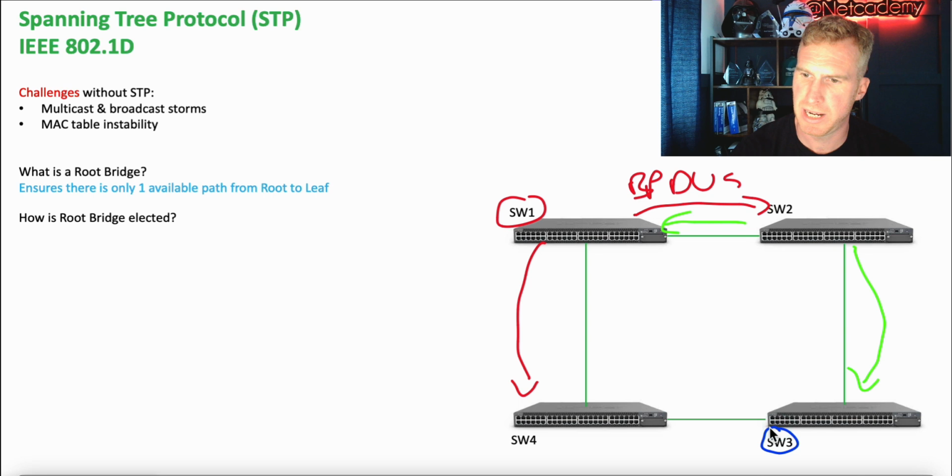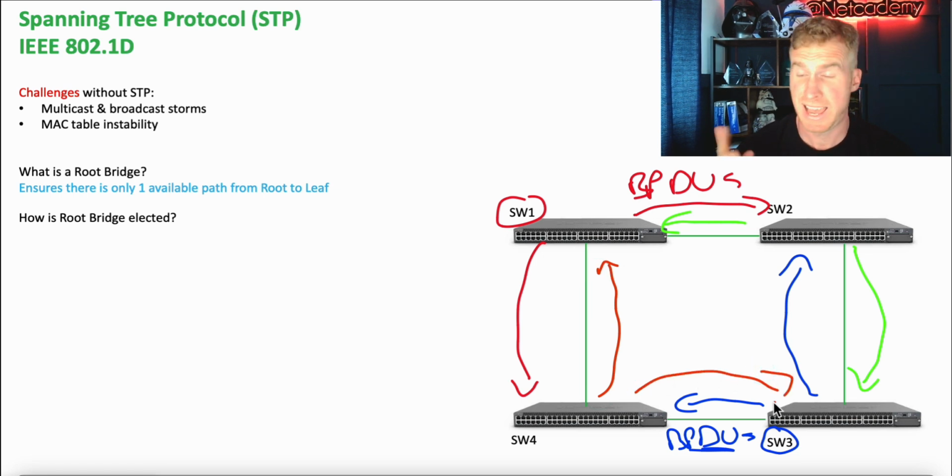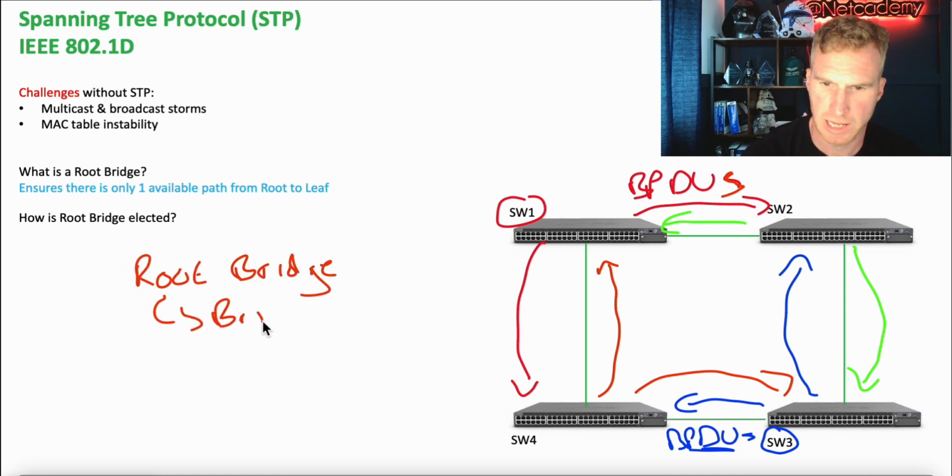At the same time, SW3 will send out of its interfaces its BPDUs to say, hey, I'm actually the root bridge to begin with. And with SW4, it will send out its bridge protocol data units to the adjacent switches to say, hey, I'm the root bridge. So when you first start up your spanning tree protocol configuration, every switch will assume that its root bridge is the same as its own bridge identifier.